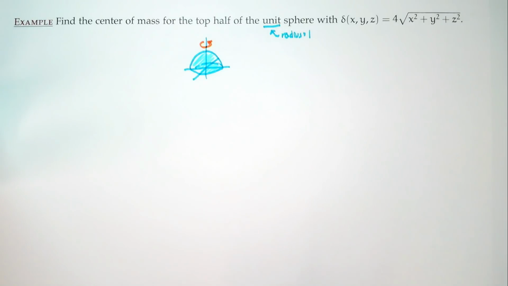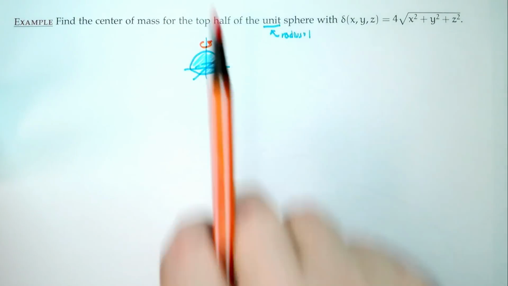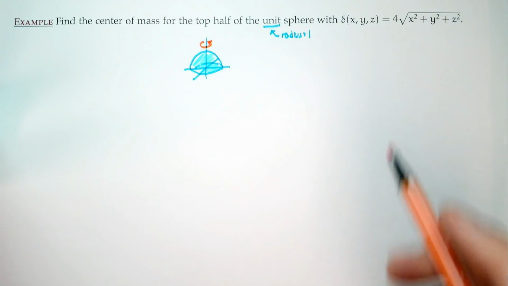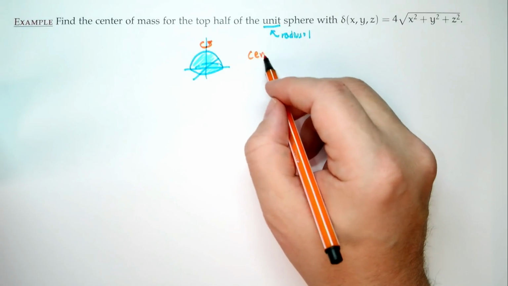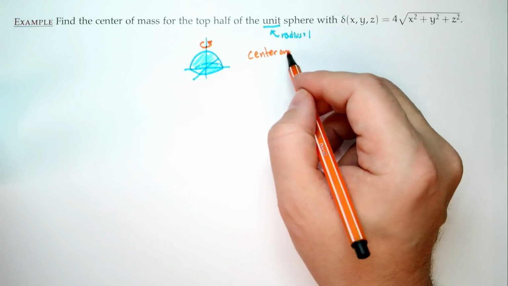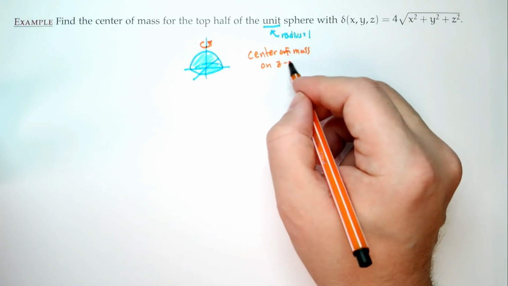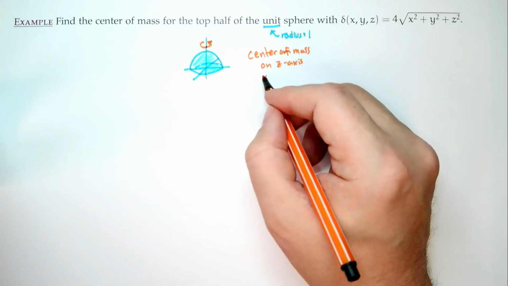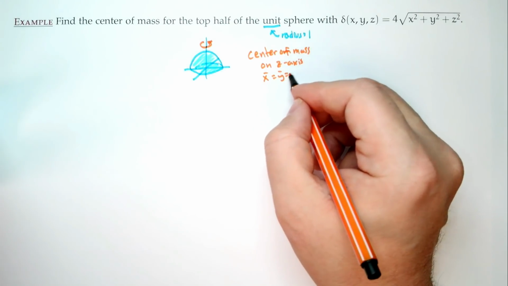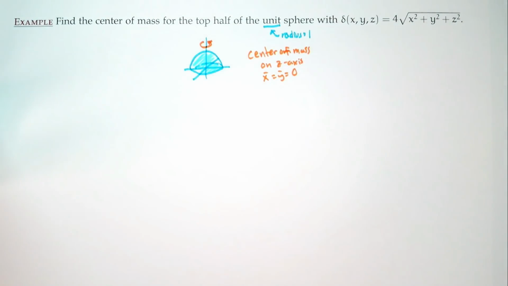So both the shape and the density are unaffected when we spin it around the z-axis, which tells us that the center of mass has to be on the z-axis. Well, how do we use that information to our advantage? That tells us that x bar and y bar are both 0. All right. Well, that's good news for us. That means we've already found 2/3 of our coordinates. So, woohoo! Good for us.